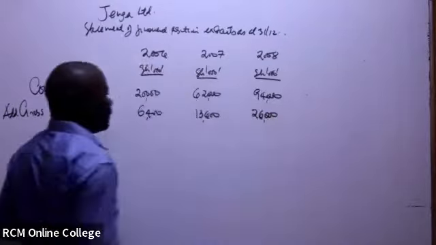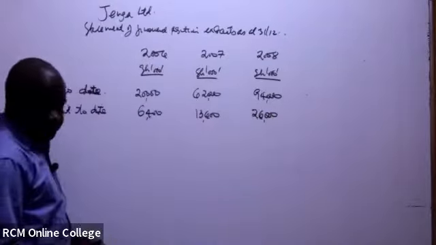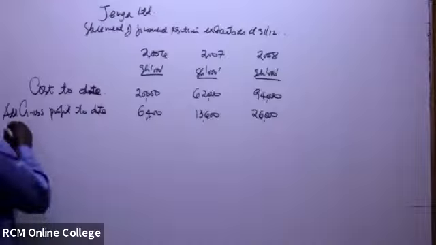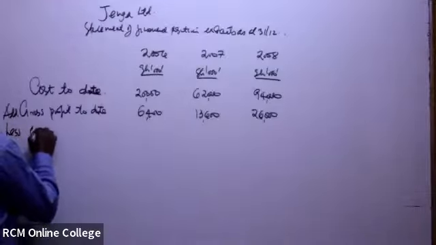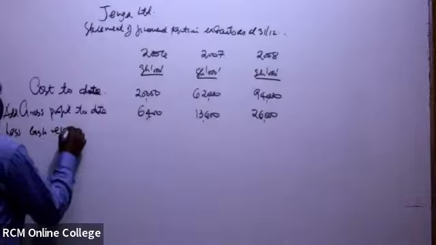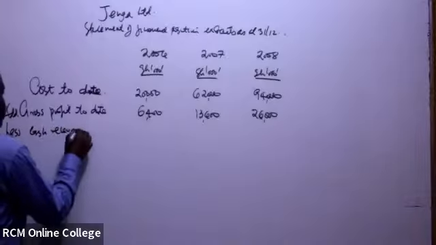Then you less the cash received to date. If you look at the question, you've been given the collection from clients for the different years.